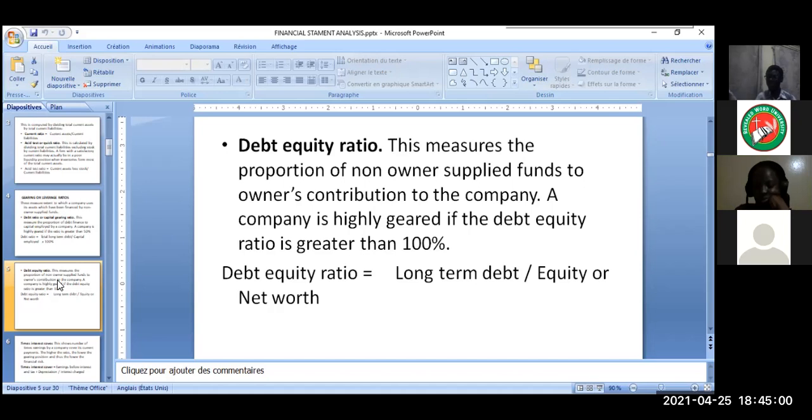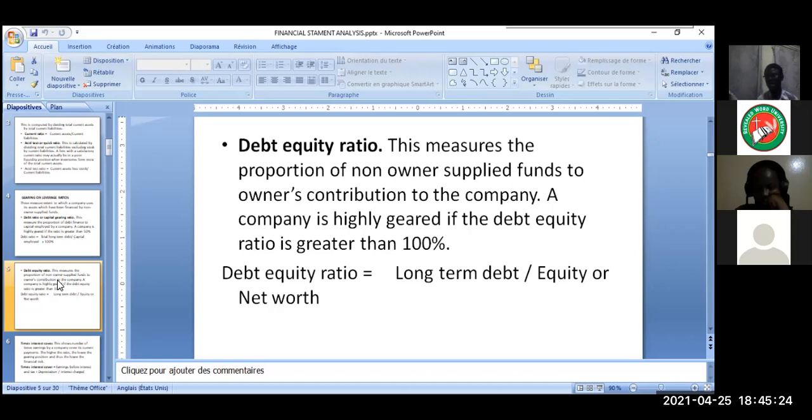For the previous one, we saw it is when it is greater than 50%, but now it is greater than 100%. So debt equity ratio equals long-term debt, the same, we find it in the balance sheet in non-current liabilities, over equity or net worth.